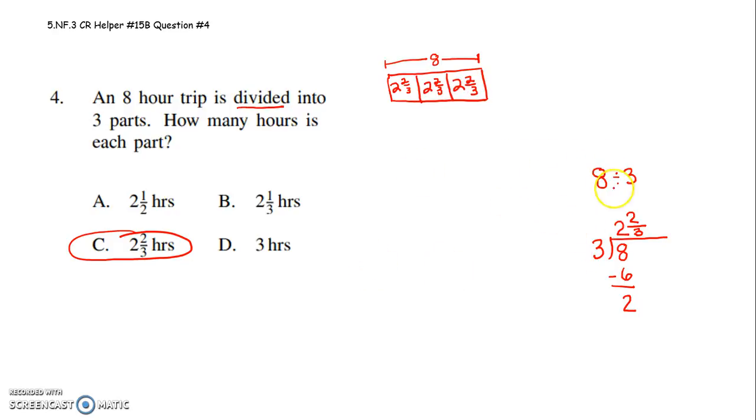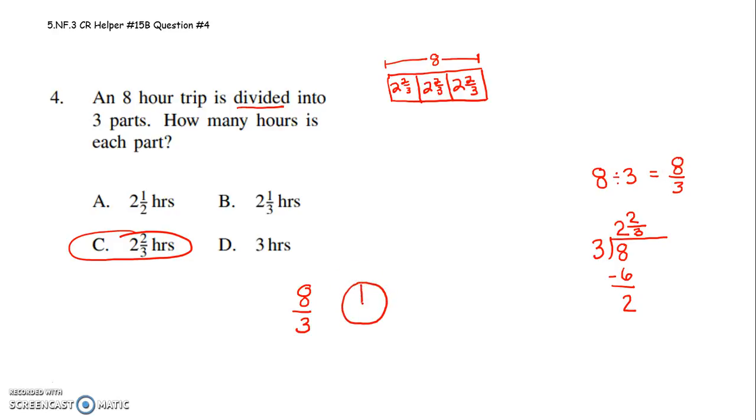And just to show you, 8 divided by 3, we could write that as 8/3. 8 divided by 3 just means 8/3, and I drew a visual for that.